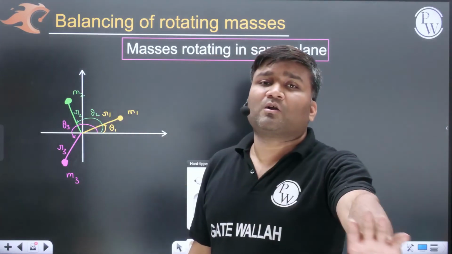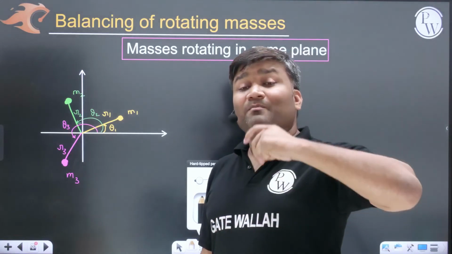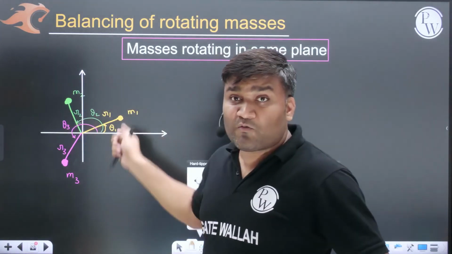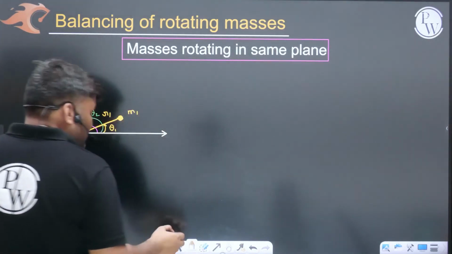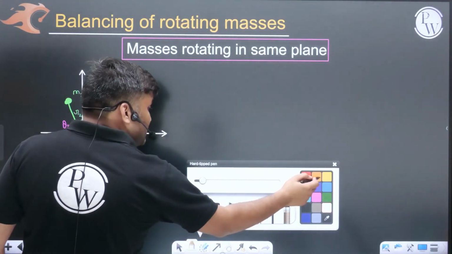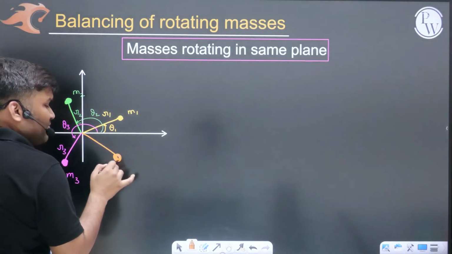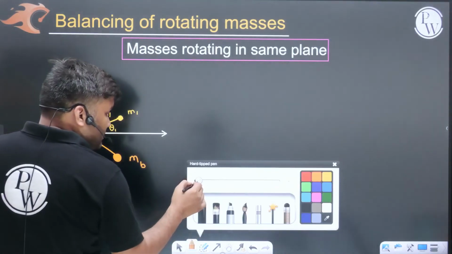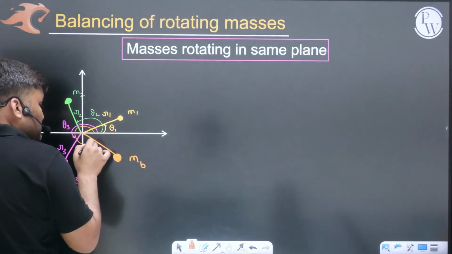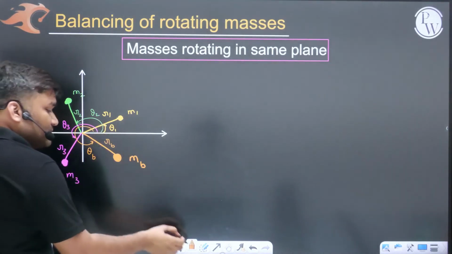If this system is not balanced, then by adding balance masses, the summation of forces will be made 0. Suppose this system is not balanced, so I have added a balance mass somewhere. This is balance mass MB at some angle θB at some distance RB.